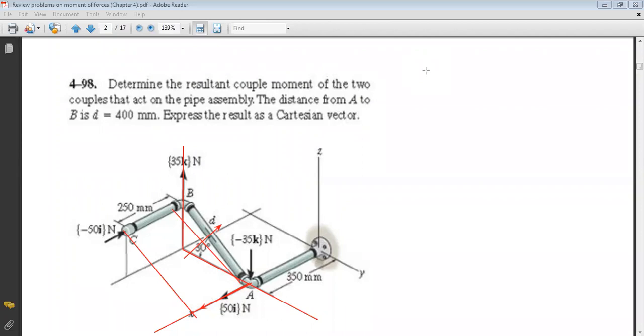For the 50 Newton force, I put my fingers parallel to the 50 Newton force, so parallel to X, okay? And my palm is looking at the Y axis. So my palm should be in which plane? My palm should be in a plane parallel to the Y axis.